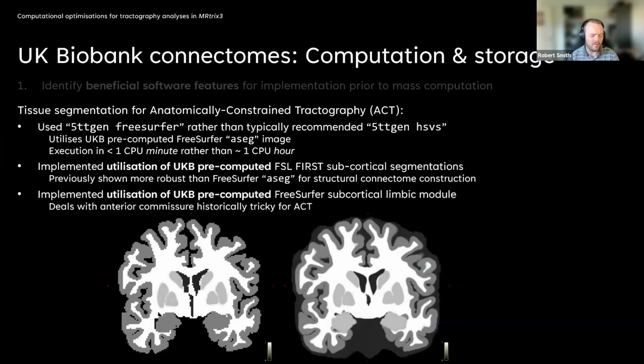So one of the first decisions we made was about the anatomical segmentation for doing anatomically constrained tractography. I have a particular algorithm that I often encourage people to use for adult brain data that operates mostly on the FreeSurfer surfaces, but it is quite expensive to produce.